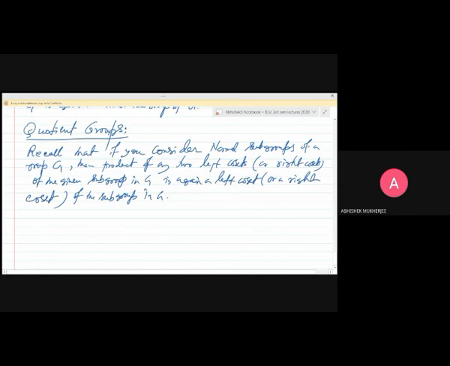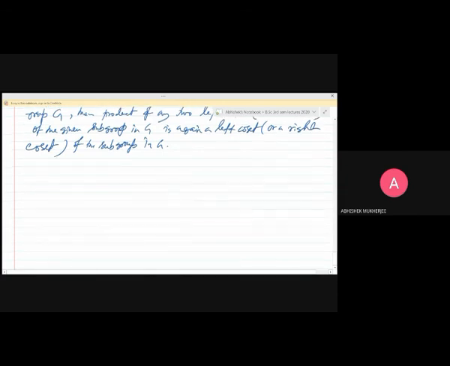Okay, so let's have a look at the construction.